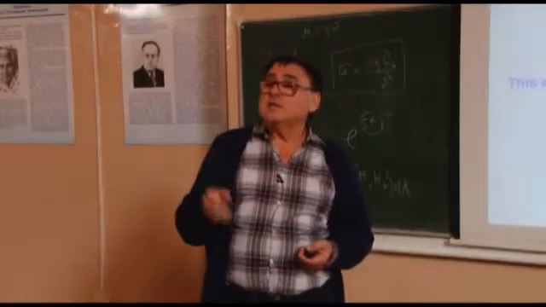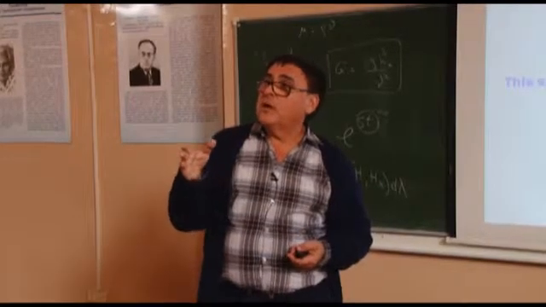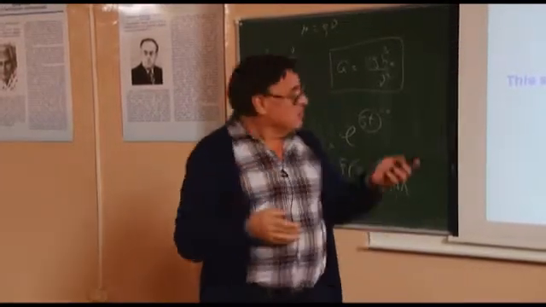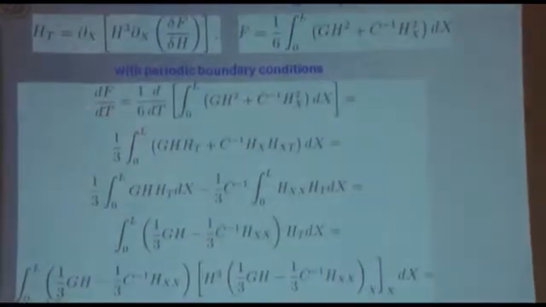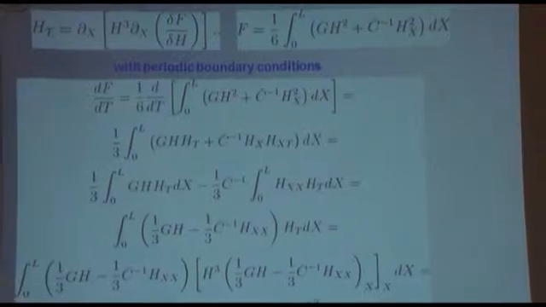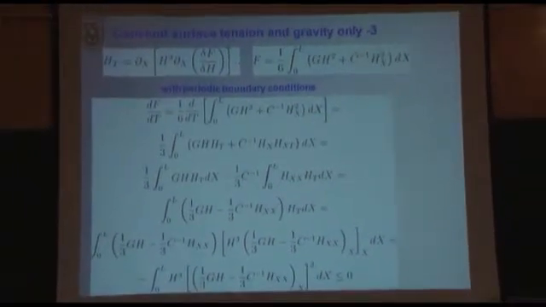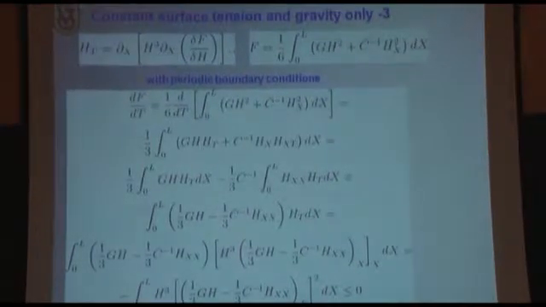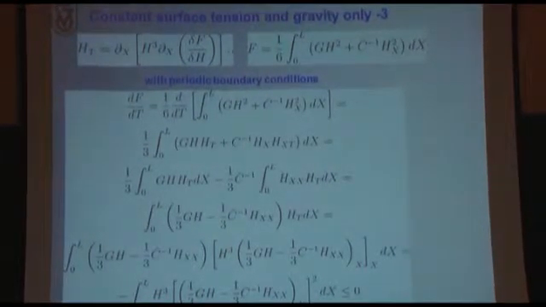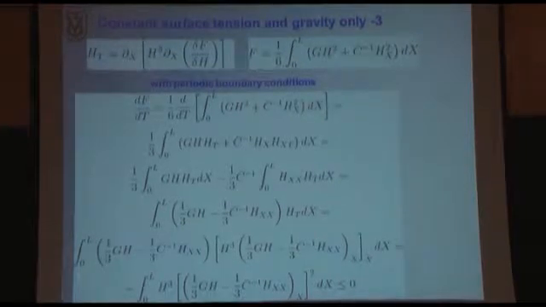But if you solve this equation numerically, you start with any initial condition, and if you use periodic boundary conditions, it decays. Finally, at long time, you find the solution is flat, exactly h equal 1, with some numerical noise, of course. But if you run it more and more, even the level of this numerical noise decreases.